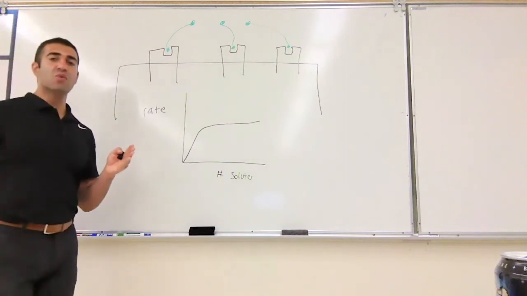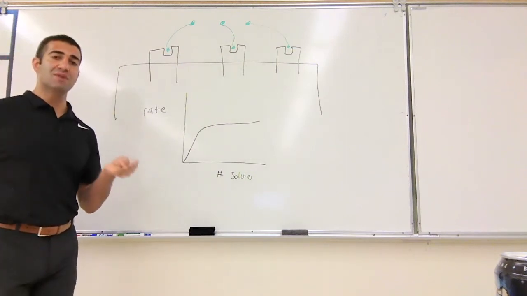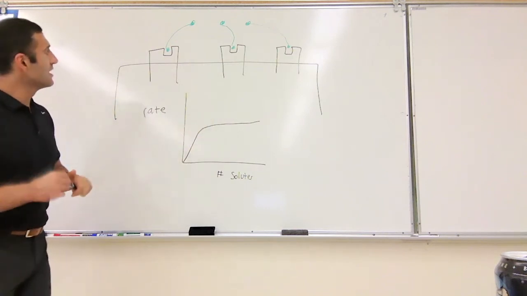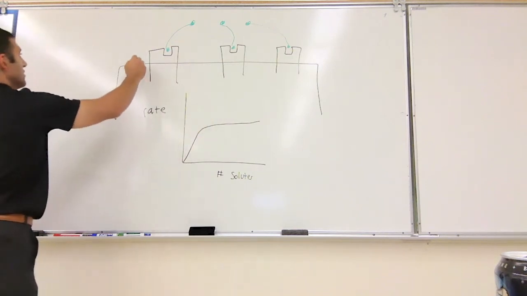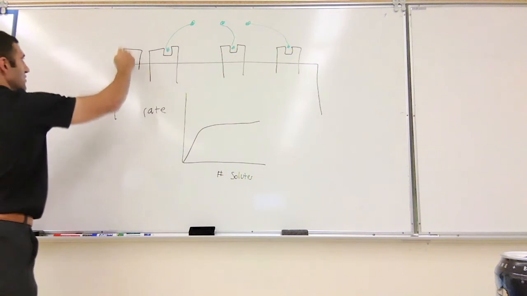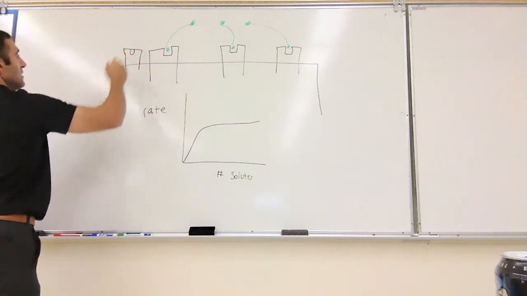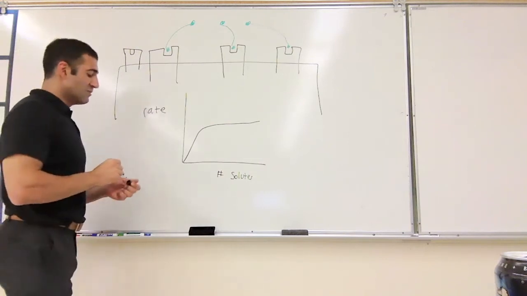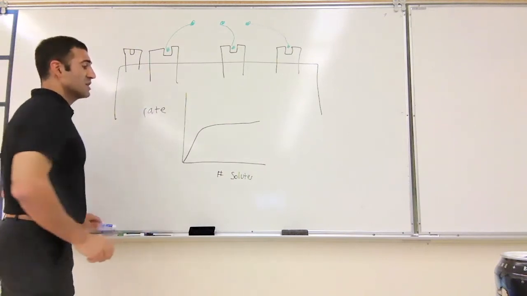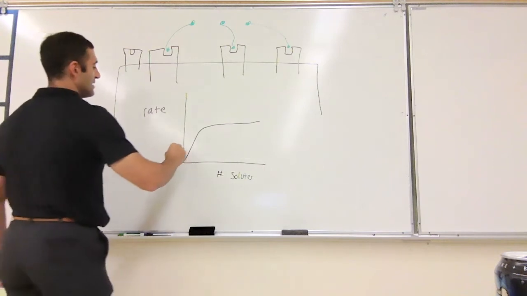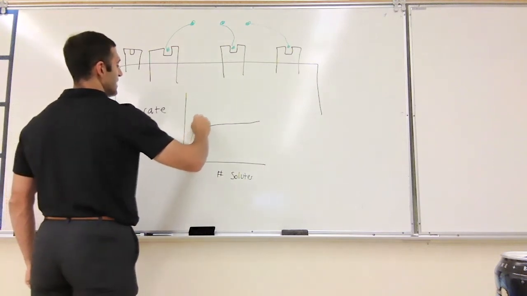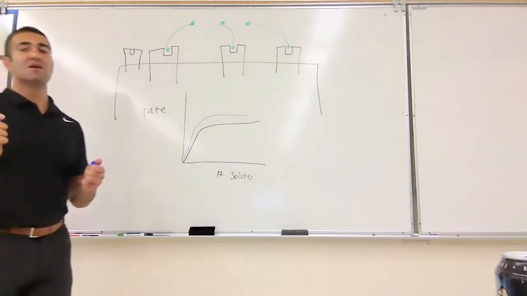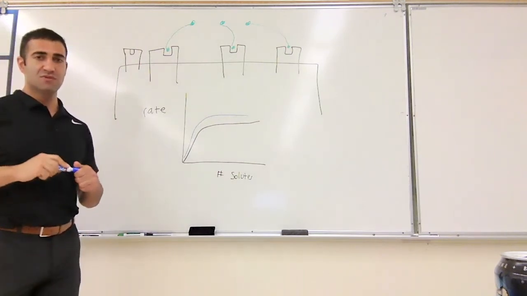At that point, the rate, which is how fast something happens, is going to stabilize at this value here. If I were to add a 4th carrier protein, we'll sneak it over here, then we have more transporters present. We can move more molecules at once, and it is going to increase the rate because there will now be a higher set point. Sorry, by rate of reaction, I mean rate of transport.